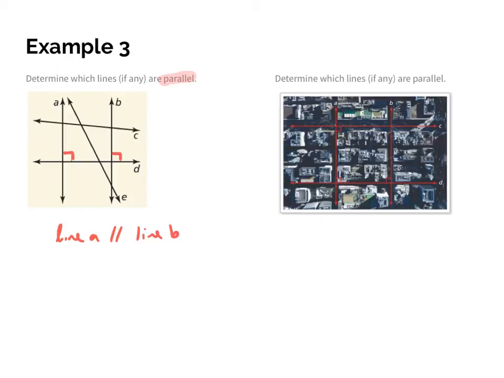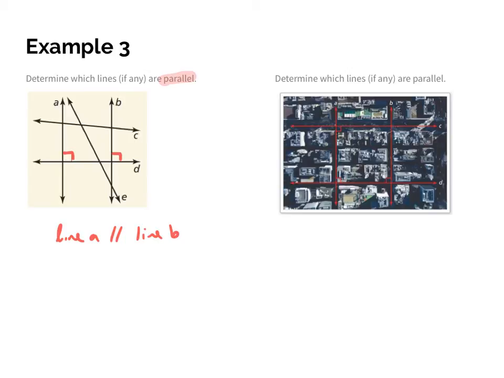But I know that line A and B are parallel because they are both perpendicular to the same transversal D. So again, when you have 2 lines that are perpendicular to the same line, then that means that A and B in this case are going to be parallel.